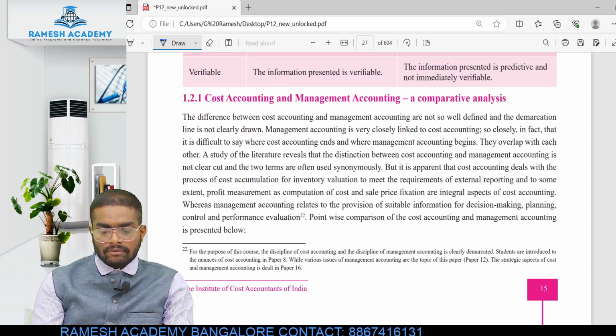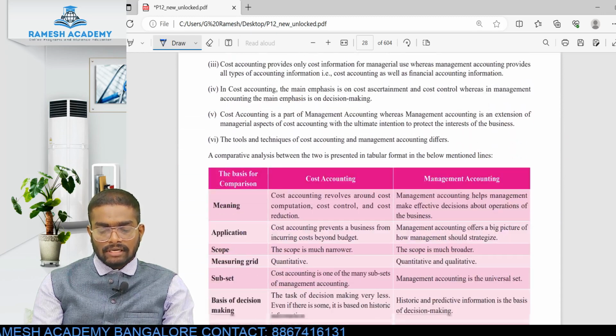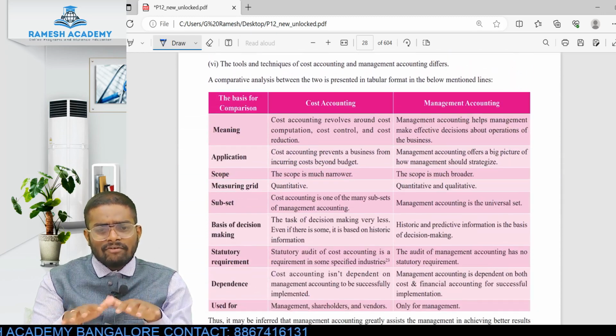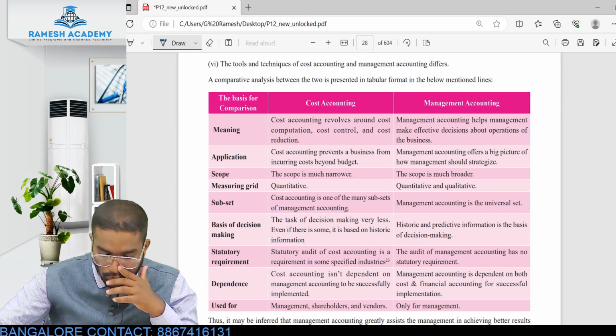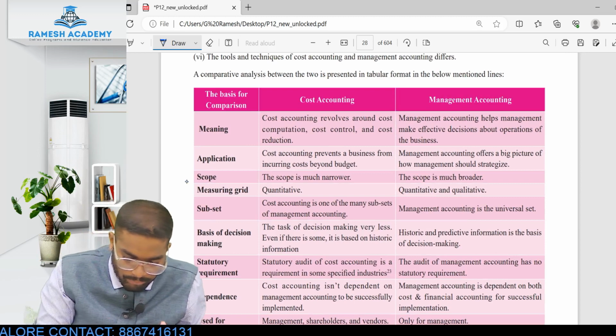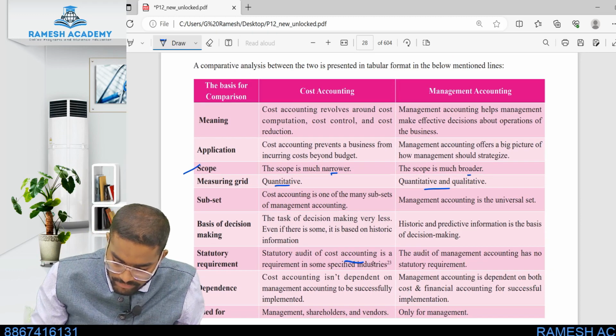Next, we are going to the next topic, which is the difference between cost accounting and management accounting. Here we'll have similar points of difference as with financial accounting. See, this scope is narrower, here it is broader. Quantitative, both. Statutory requirement, same.